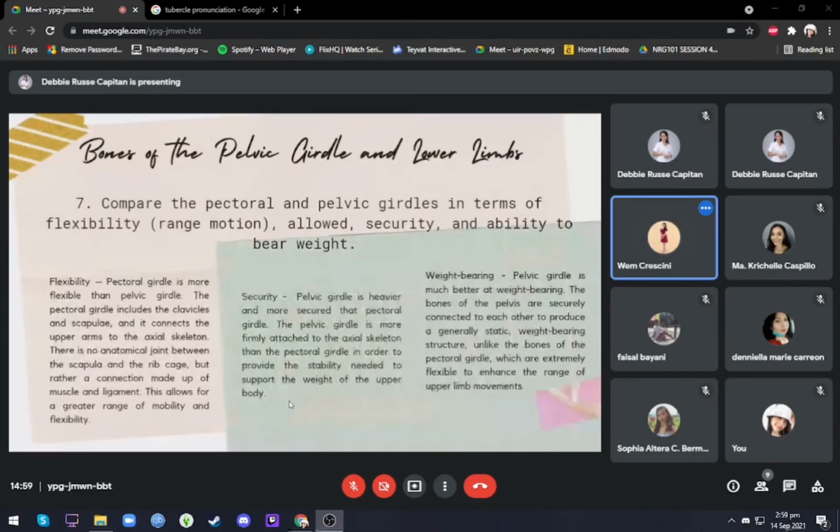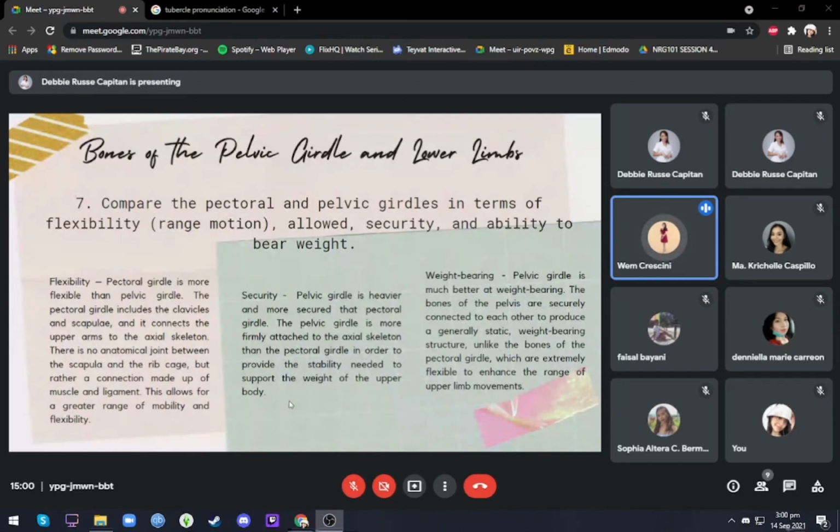Okay. Next, the bones of the pelvic girdle and the lower limbs. On item number 7, compare the pectoral and the pelvic girdles in terms of flexibility, range of motion allowed, security, and ability to bear weight. Flexibility: the pectoral girdle is more flexible than the pelvic girdle.